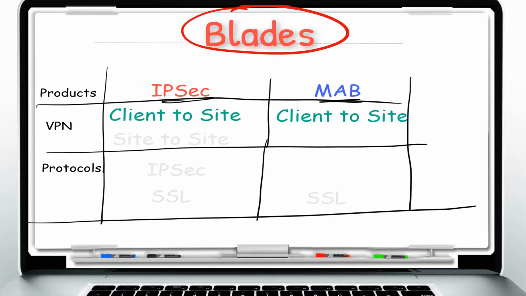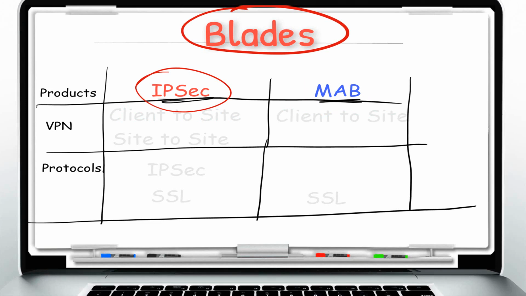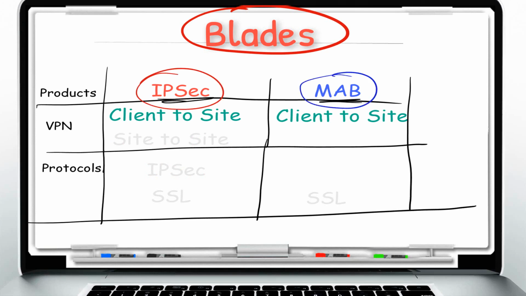So to answer the first question, what product to use: if you need a site-to-site VPN, then you must use IPSec VPNs. But if you need a client-to-site VPN, you have your choice. You can use the IPSec VPN or the Mobile Access VPN.